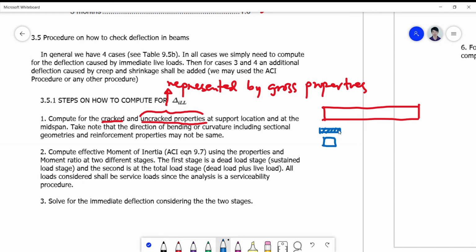Okay, support, and at the midspan my cross section will look like this. Okay, not to mention that your AS here might be different. Okay, so this might be AS1, AS2, and AS3.